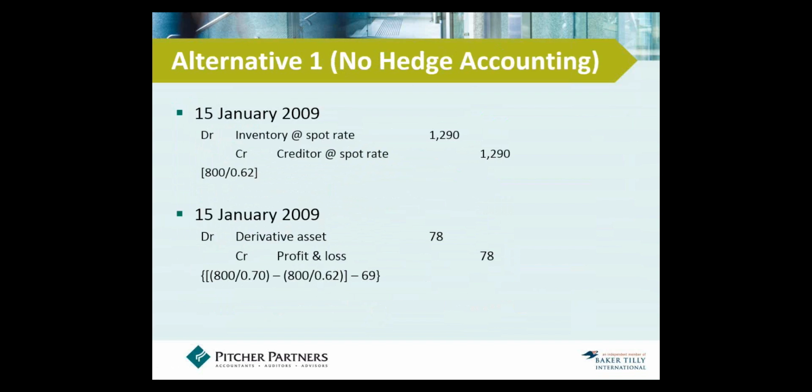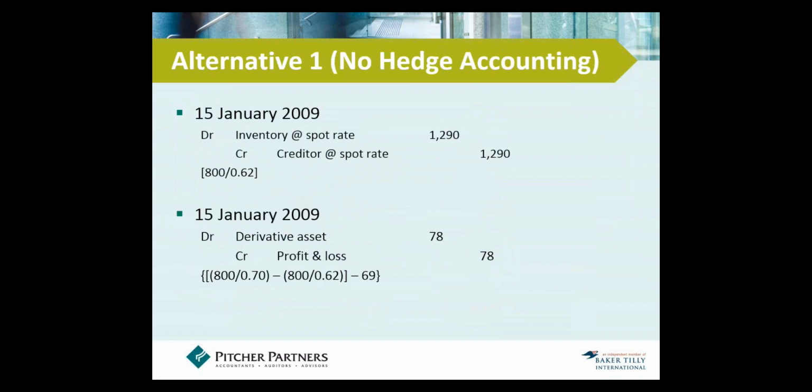But also on the 15th of January, we know we've got this derivative. So the first thing we do is account for that derivative at fair value. If you look at your derivative, we've got a derivative at 70 cents. The spot rate on the 15th of January is 62 cents. So we're saying this was a real good decision.